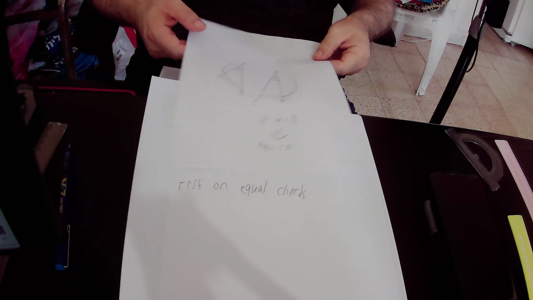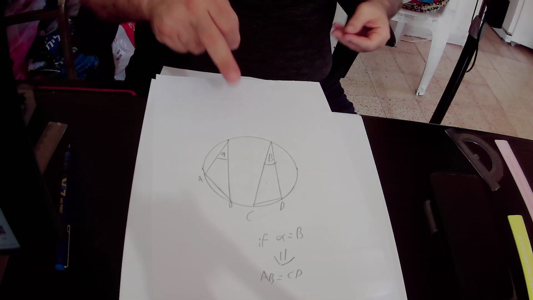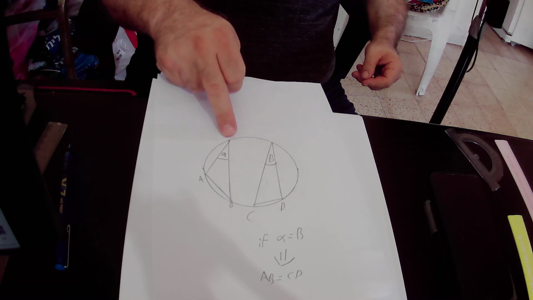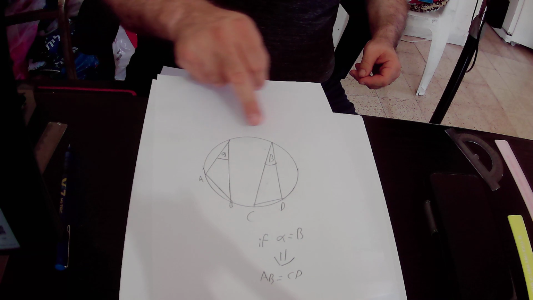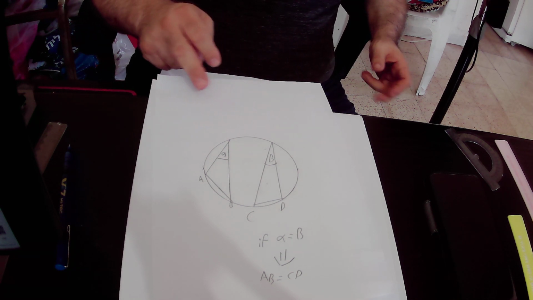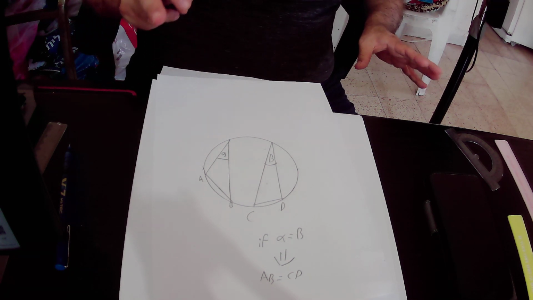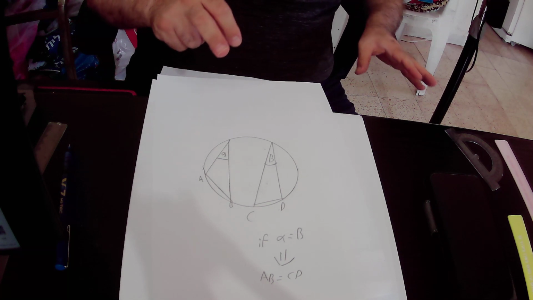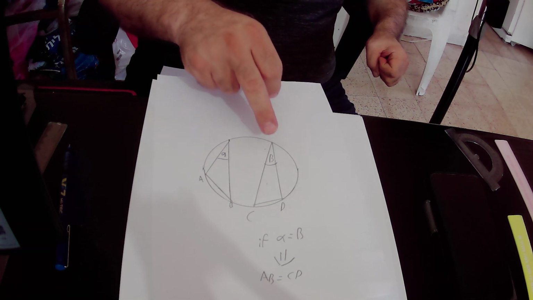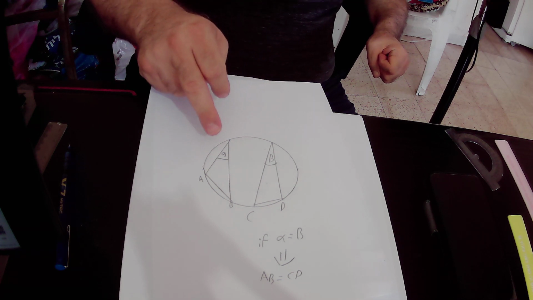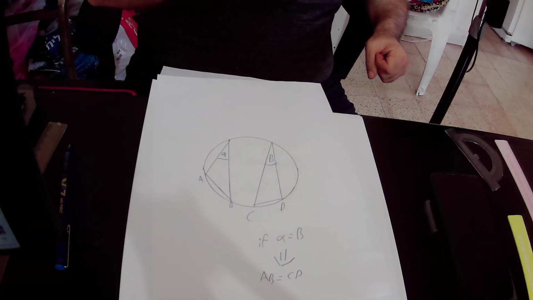Okay, so actually if we have two peripheral angles that equal each other, if alpha equals beta, then their chords also equal each other, because of the fact that alpha equals beta. According to rule number 3, also AB equals CD.